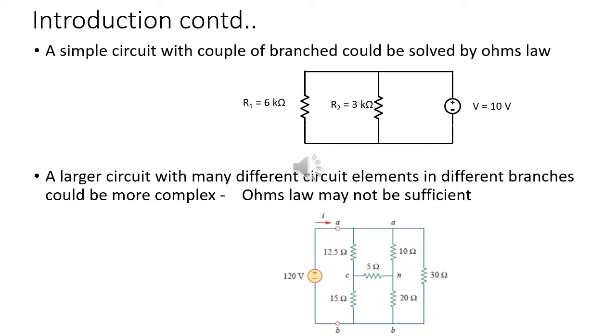But suppose you have a slightly more complex circuit, as shown in the bottom of this slide, the simple Ohm's law may not be sufficient. You can use some other supportive laws, rules and theorems that could make your job easier. That is the relevance of network theory.